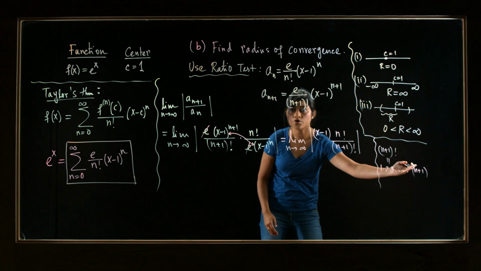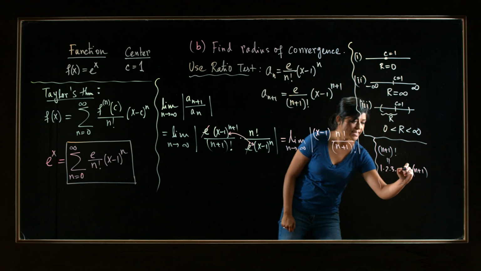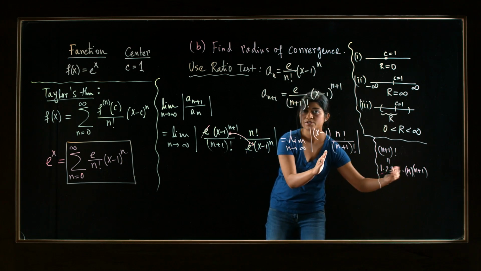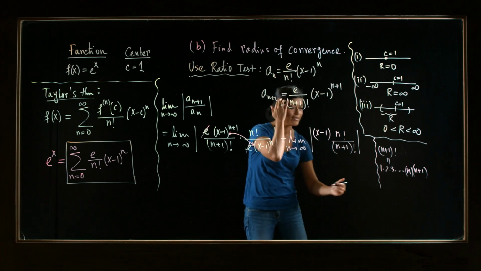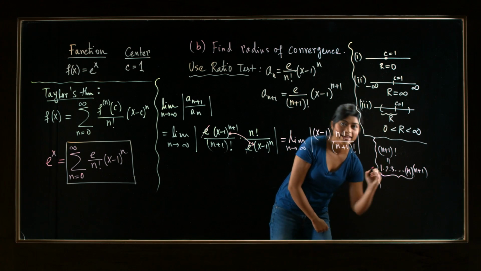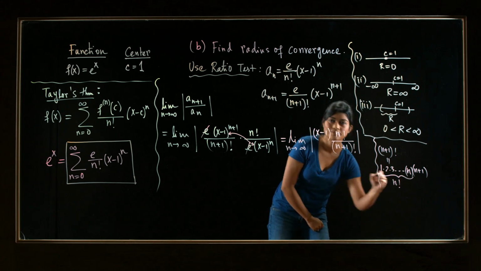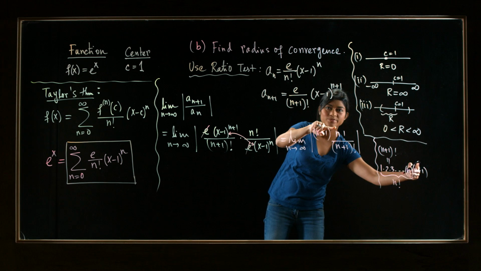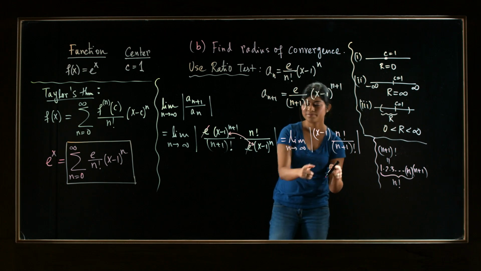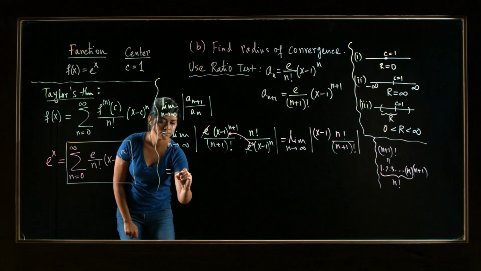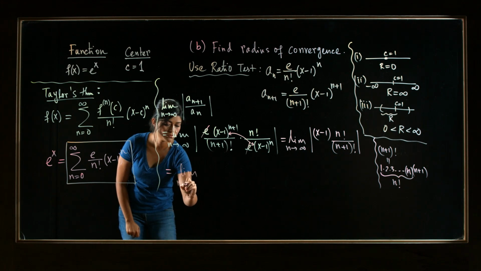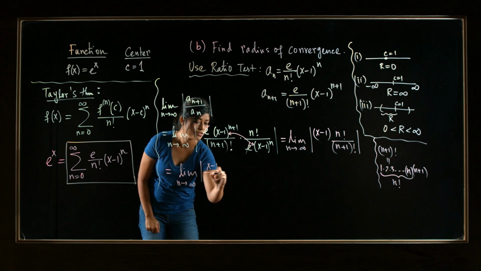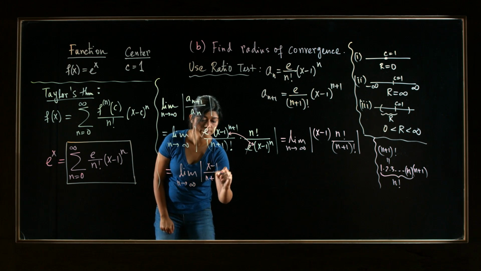So what is the number right before n plus 1? It's n. So in the denominator we have all these numbers. What is in the numerator? This first n terms, that is n factorial. So as you can see, the n factorial will cancel, and you will be left with n plus 1 in the denominator. So let's write it down: absolute value of x minus 1 divided by n plus 1.